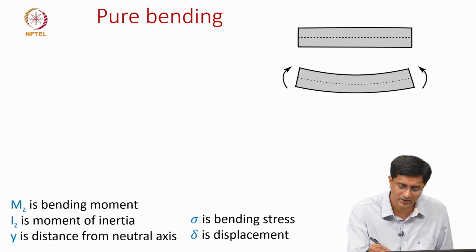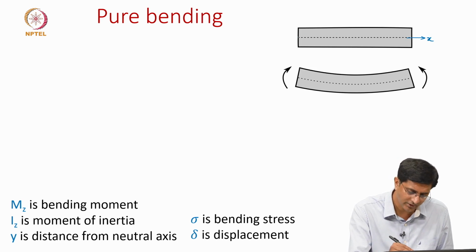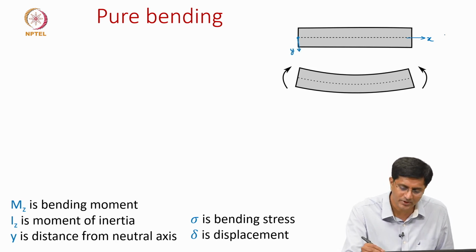Let us say the horizontal axis is x, which is starting here, and the deflection is in y, which is positive going downwards. Let us say we represent the cross section of this here, the y axis will be going downwards and the third axis is z.